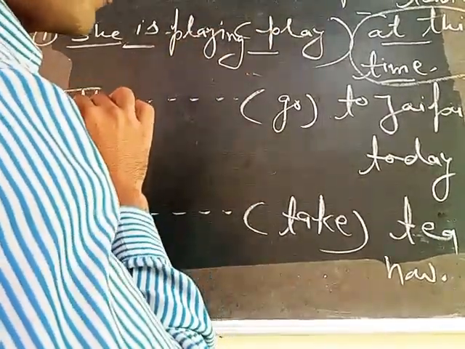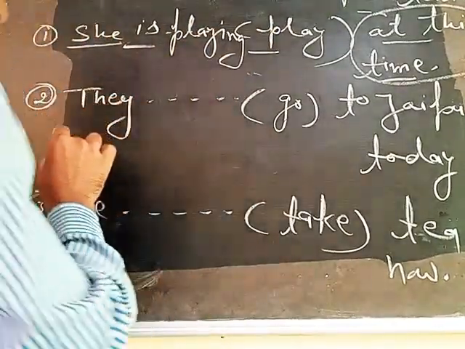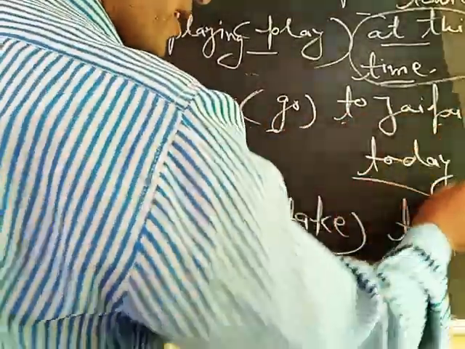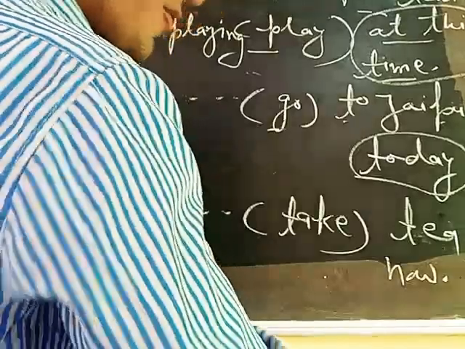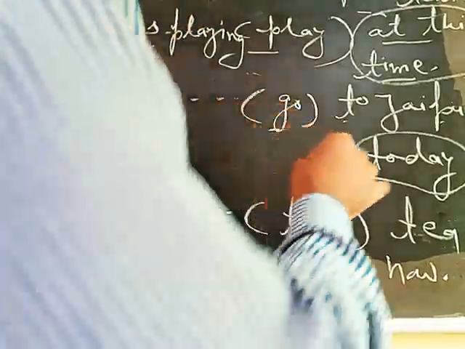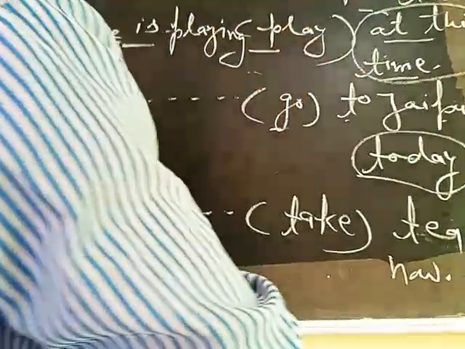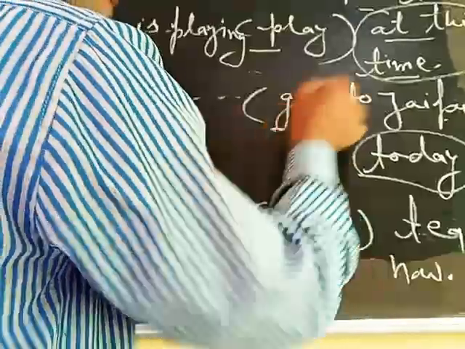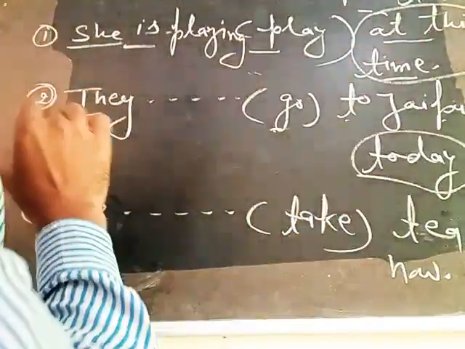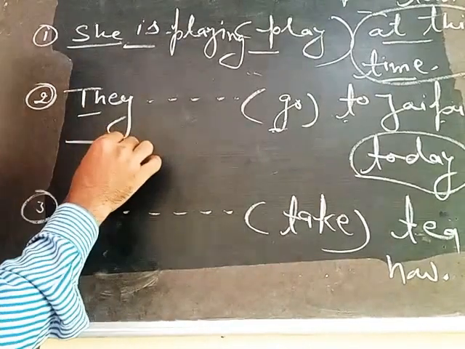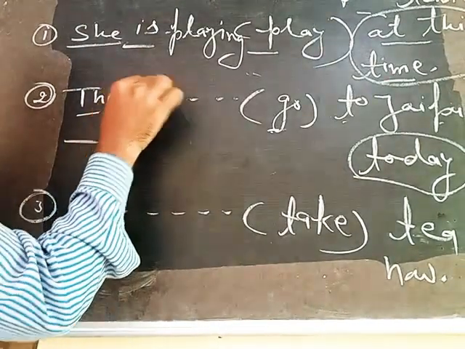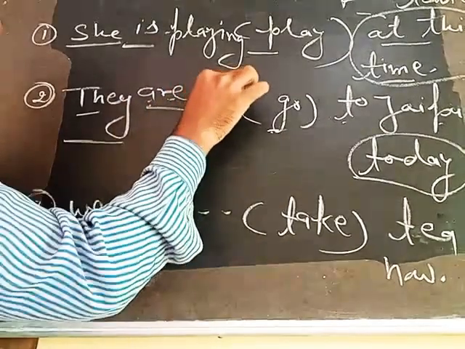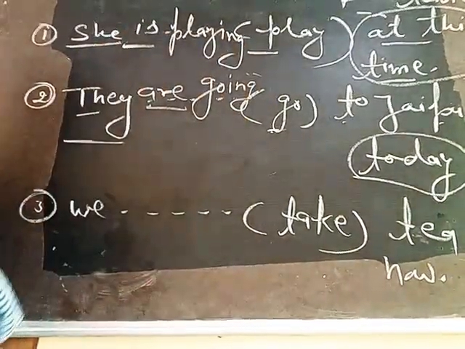She is playing at this time. The next sentence: they go to Jaipur today. There is an adverb, today, and today shows present continuous tense. The activity is going to happen in present continuous tense. The subject is plural, so we use helping verb are and first form go plus ing, going.